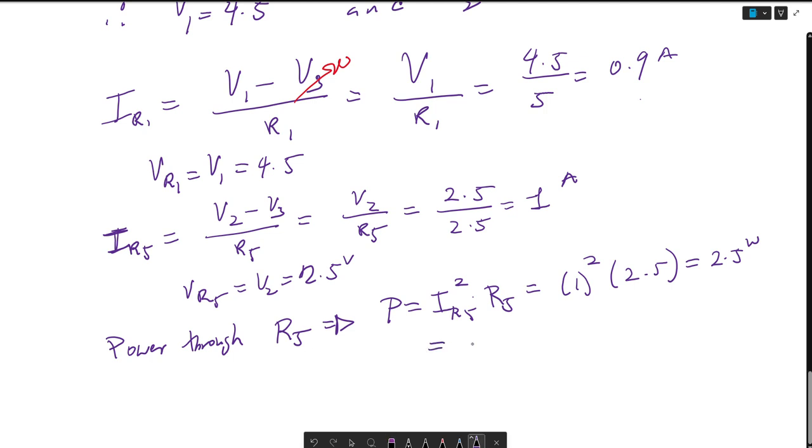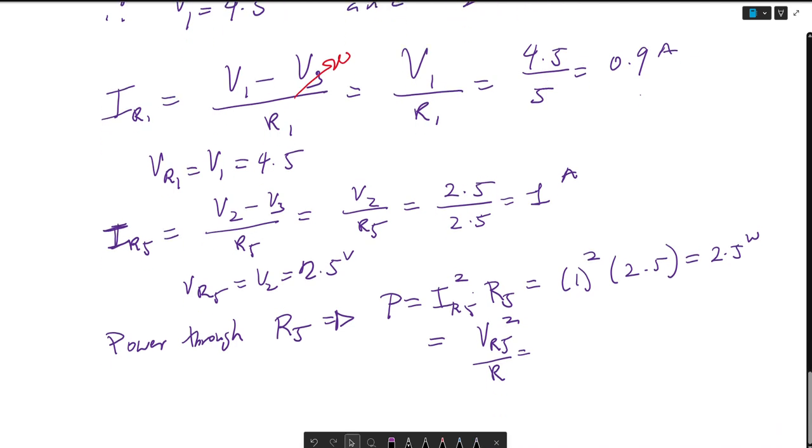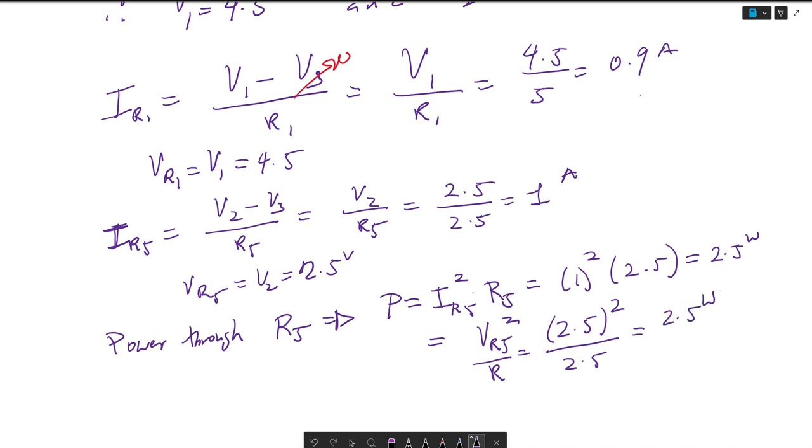Or you could use the equation VR5 squared over R, which then equates to 2.5 squared divided by 2.5, which is equal to 2.5 watts as well.